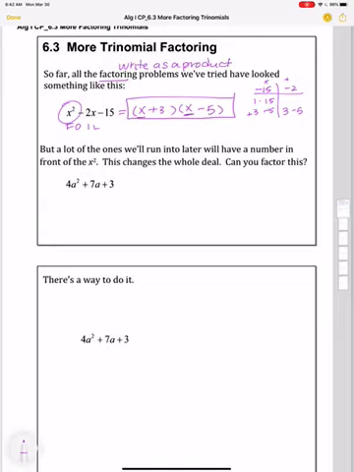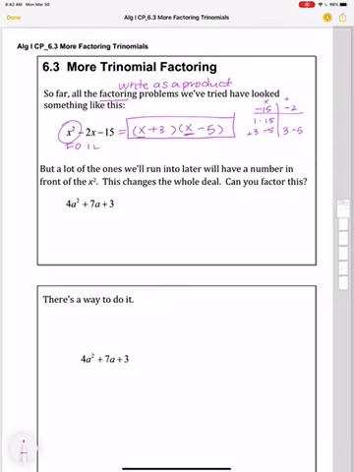So now let's take a look at this next one. We see that it doesn't start with an a squared. It starts with 4a squared. We saw a few of these last time, and that was okay because we would check first.